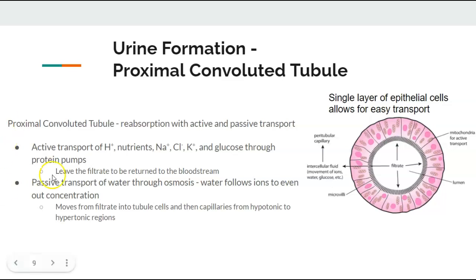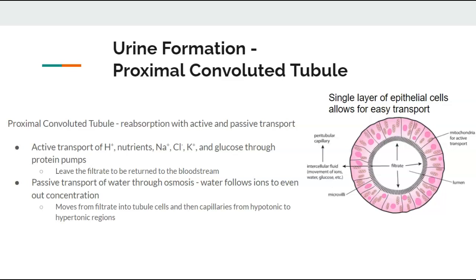This is active transport of hydrogen ions, sodium, chloride, potassium, glucose through protein pumps, so that's where your energy comes in, and it leaves the filtrate to be returned to the bloodstream. This is stuff that you actually do want in your body, and so even though it gets passed through because it's so tiny, it gets sent in through ultrafiltration, you want it in your body, so it gets reabsorbed as long as you don't have too much of it, right? And then passive transport of water through osmosis.